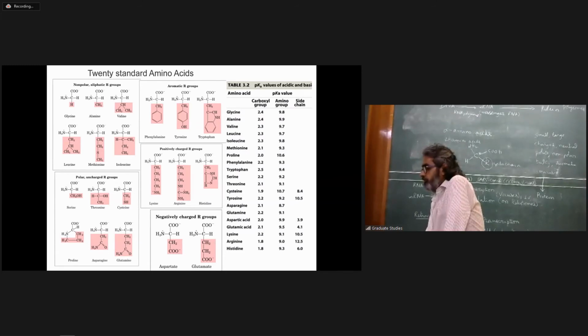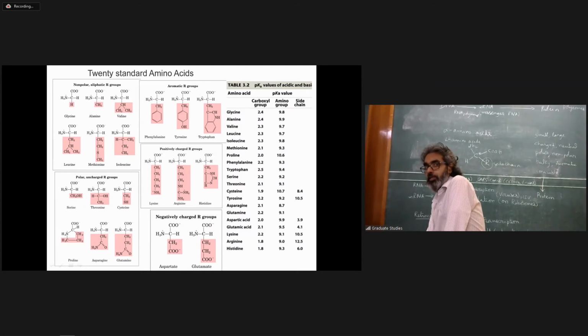And so for every side chain, one of the properties is ionizability, whether it can undergo acid-base equilibrium if there is an ionizable group. If you see the table on the right side, in the last column, these groups, cysteine, tyrosine, aspartic acid, glutamic acid, lysine, arginine, histidine, have ionizable protons.